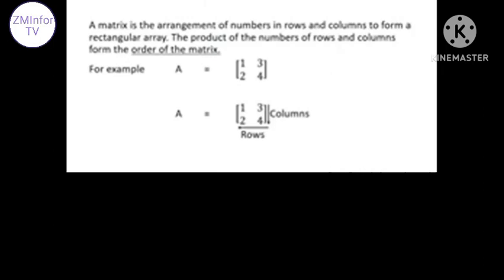We have example A: matrix A equals 1, 3, 2, and 4. Now, the arrangement of these numbers: the vertical arrangements are referred to as the columns, while the horizontal arrangements are referred to as the rows. In the above example, you observe that the matrix on the right-hand side, 1, 3, 2, 4, has two columns.